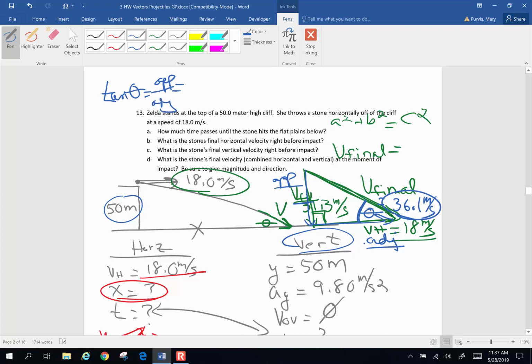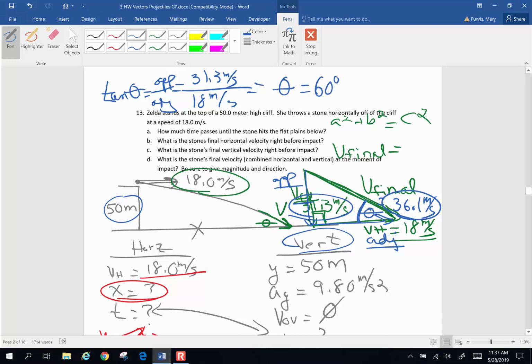The opposite is 31.3. The adjacent is 18. If I divide 31.3 by 18, that gives me the tangent. Then I've got to go second tangent, or inverse tangent, and I end up with 60 degrees.